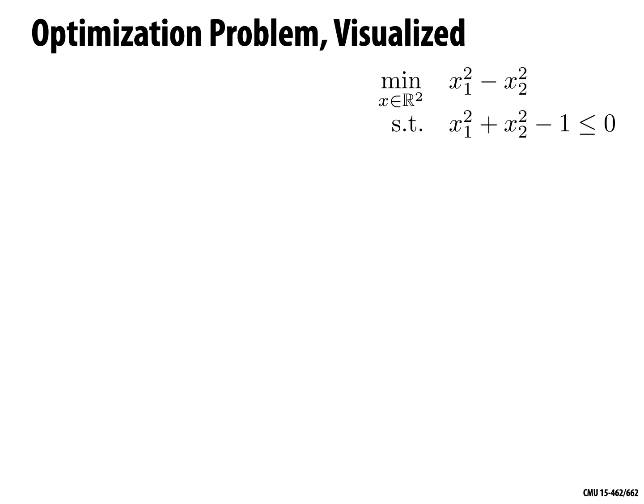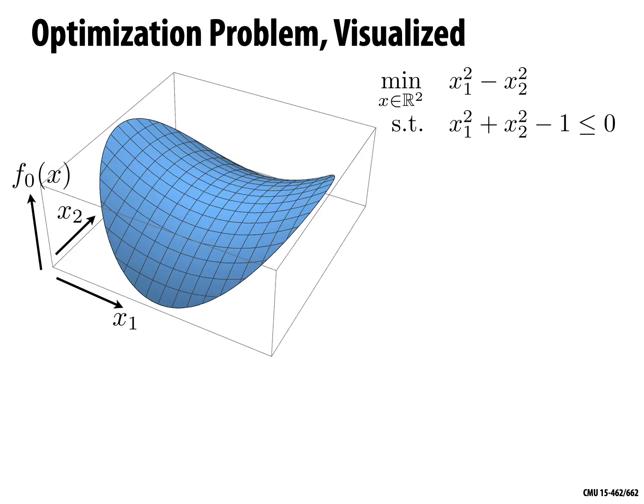This is an implicit description of a shape. And that shape is, of course, a circle, or really the unit disk. So if we were to visualize this problem, we might draw something like this: a saddle-like function plotted over the unit disk. Looks like a potato chip.